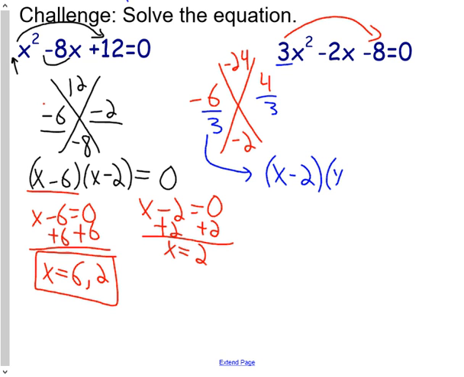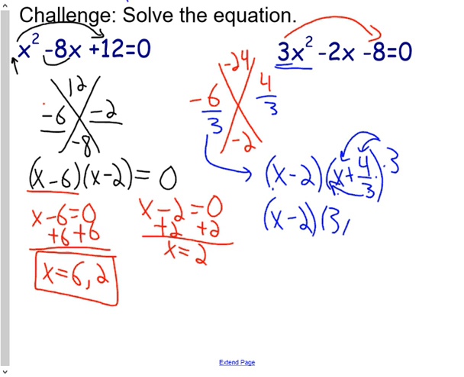And then we get x plus 4/3, but x times x is 3x squared, so we need to shift this 3 over, right? We basically multiply both numbers by 3, and the 3 times 4/3 just gets rid of the denominator. So our answer is x minus 2 times 3x plus 4 equals 0.